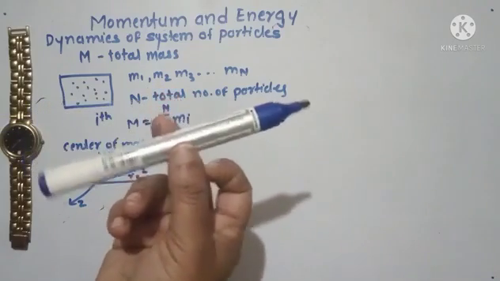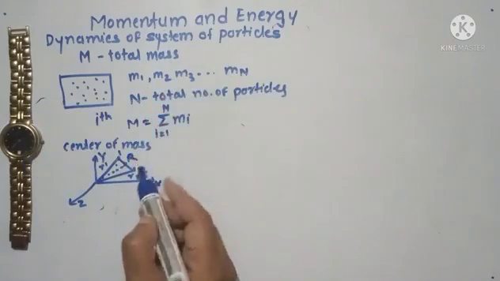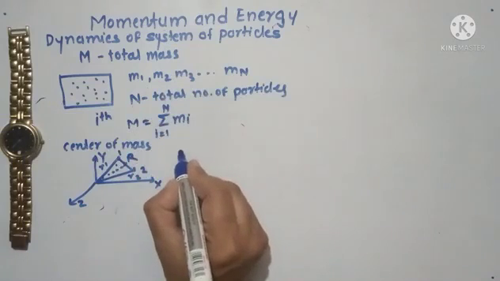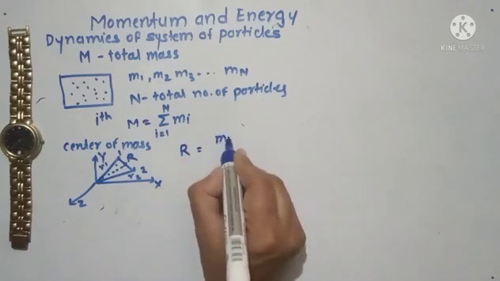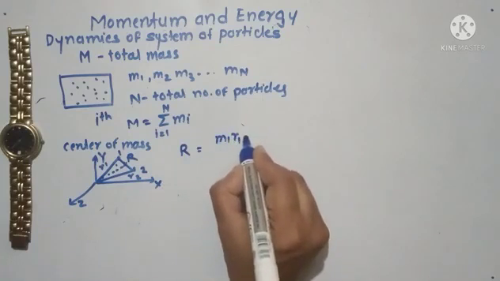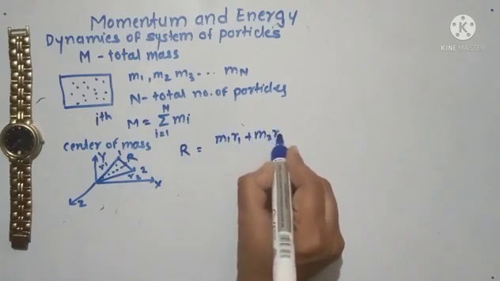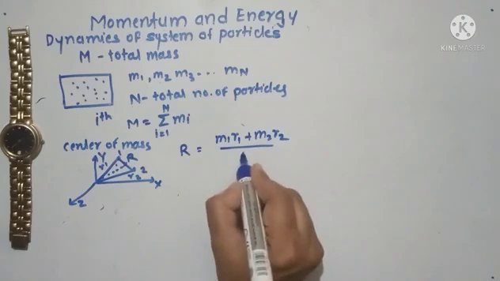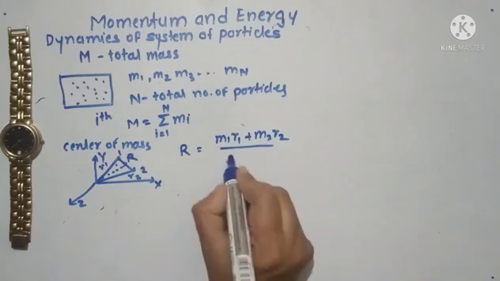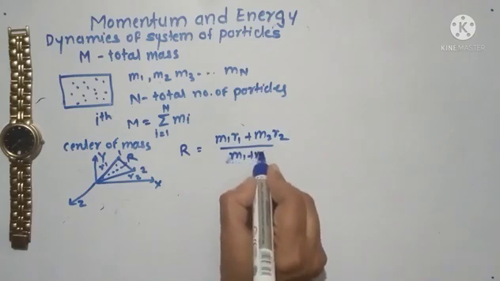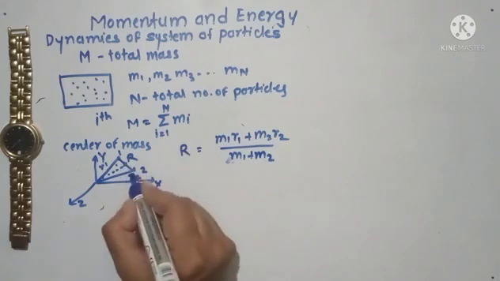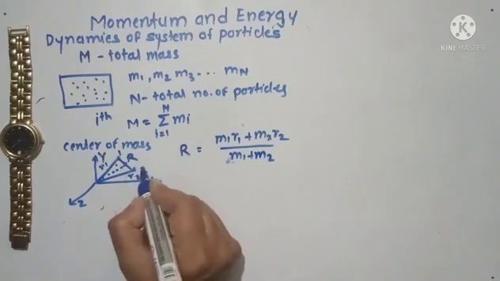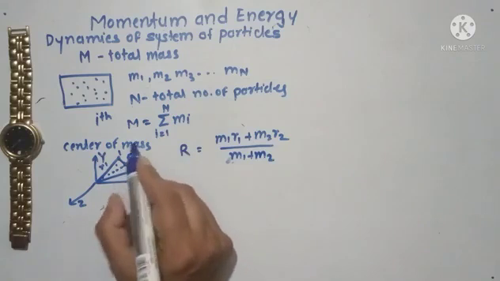That point is called the center of mass of the body, and it is defined as R equal to m1 r1 plus m2 r2 upon m1 plus m2.